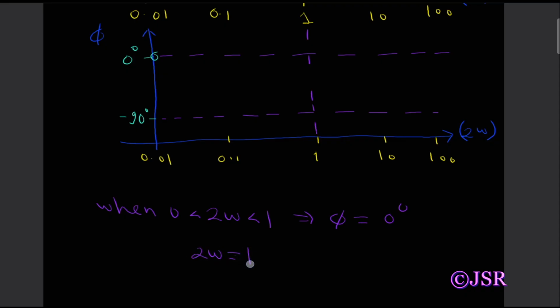When 2 omega is equal to 1 at the corner frequency, phi equal to minus 45 degree.